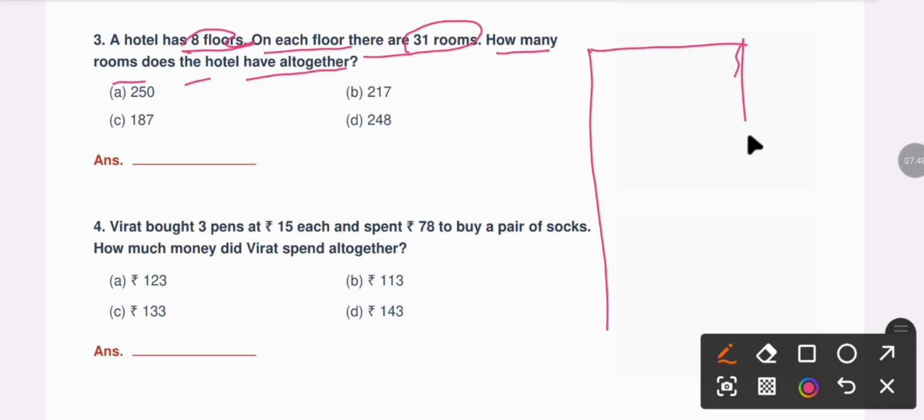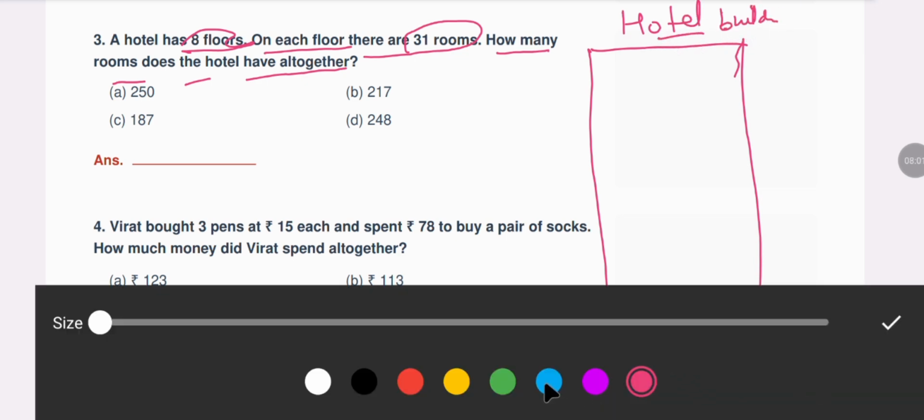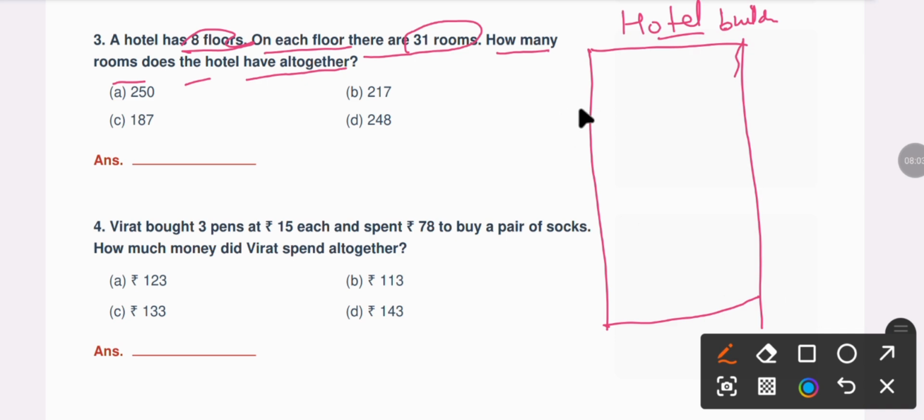I'm drawing here. Suppose this is the building of the hotel. Now how many floors are in this hotel?